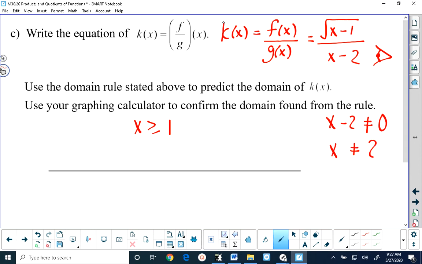So even though we would normally say that x can be greater than or equal to 1, x cannot be 2. Now, how are we going to write that? Well, what we could do is just say x is greater than or equal to 1, comma, x cannot be 2.